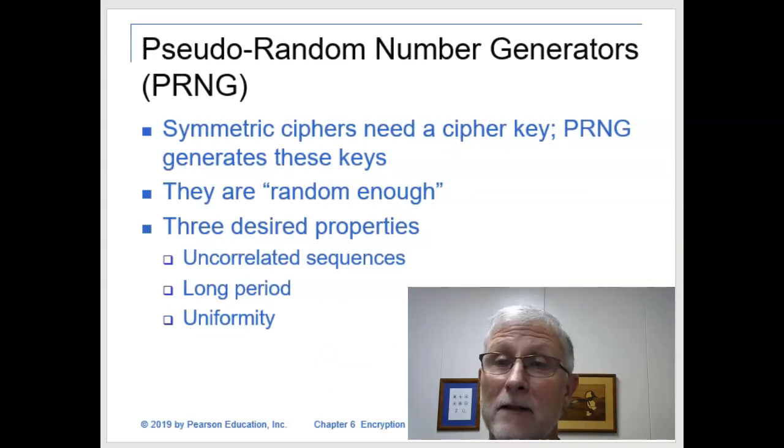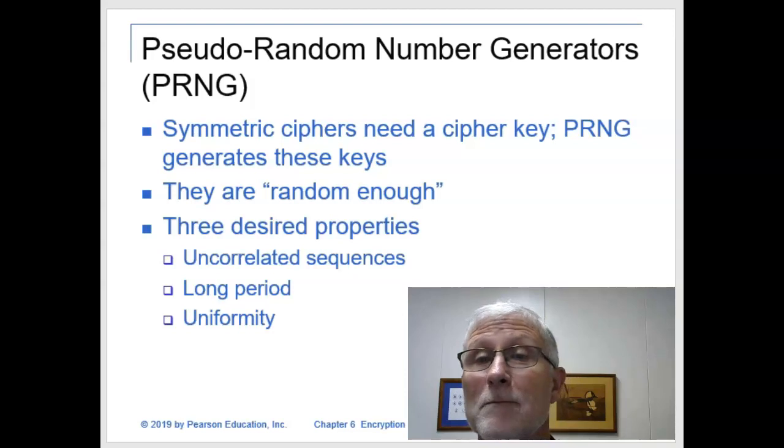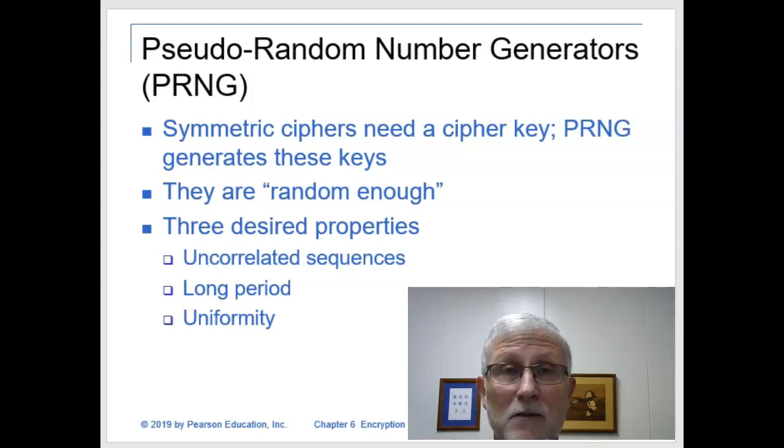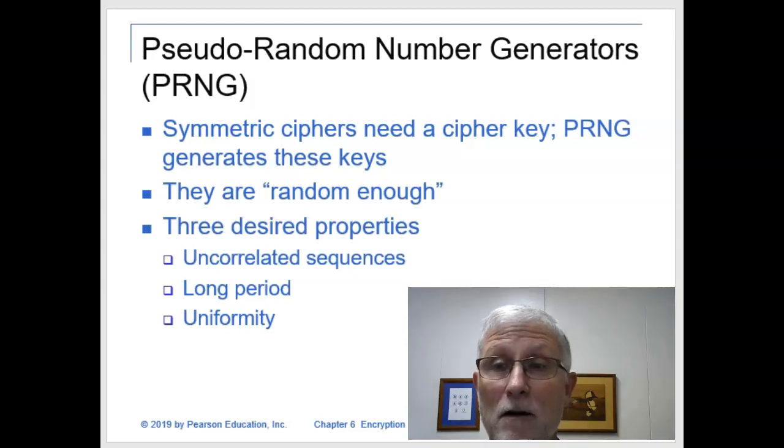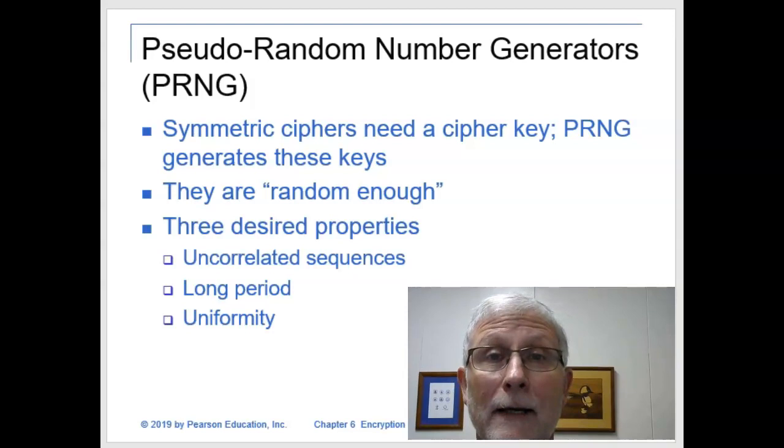Now, PRNG basically stands for pseudo random number generator. Basically it tries to give you a totally different, unique number when you press the button. Symmetric ciphers need a key to populate, and random number generators have been used a lot.